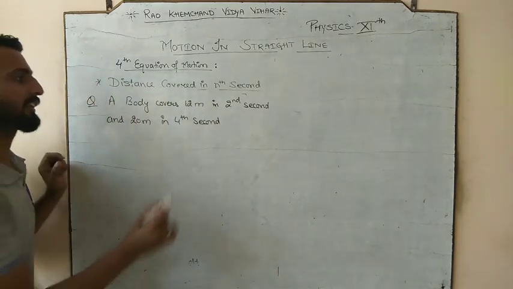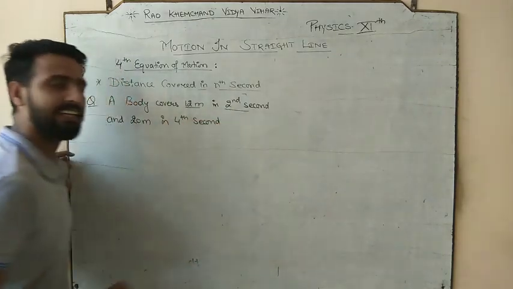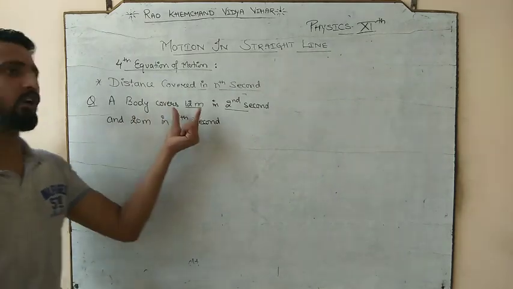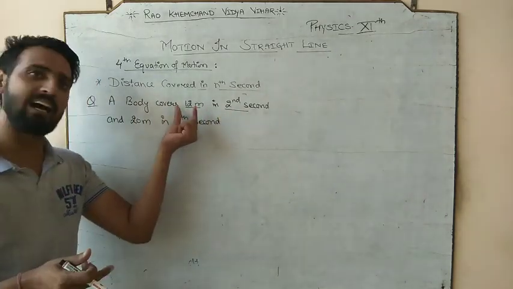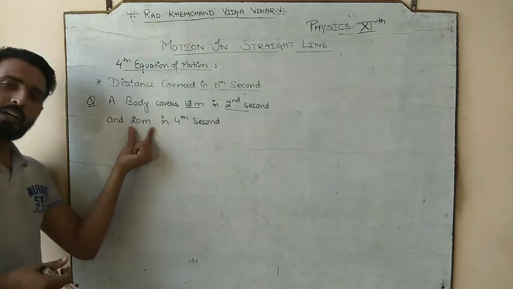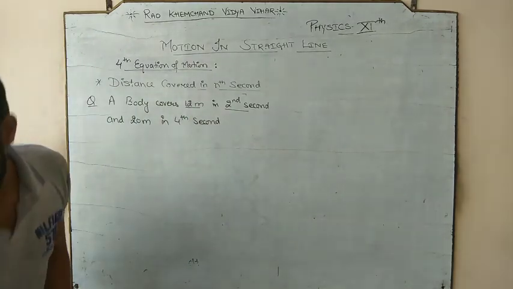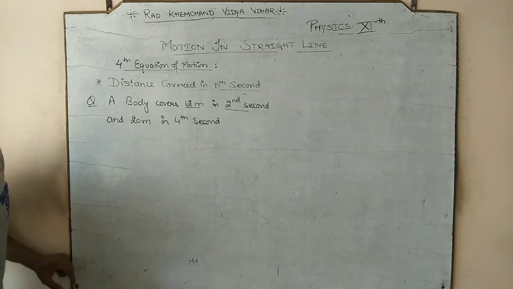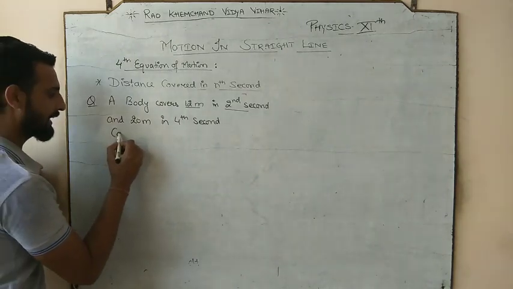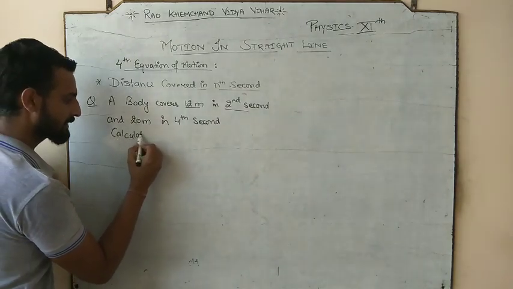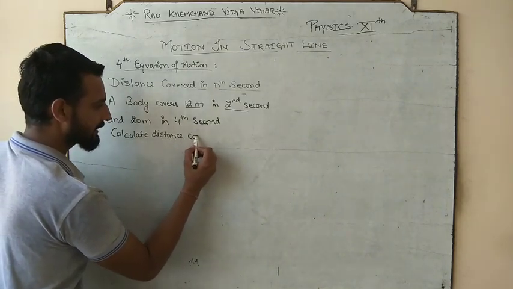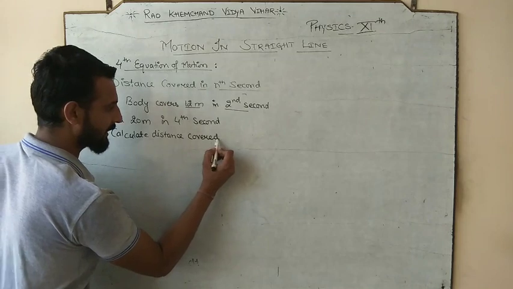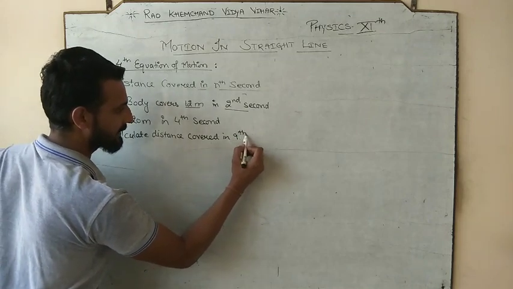So a body covers 12 meter in 2nd second. In Hindi, if I say a body covers 12 meter in 2nd second, it means it moves 12 meters in the second second, and 20 meter in fourth second. Now he is asking you to calculate the distance covered in 9th second.